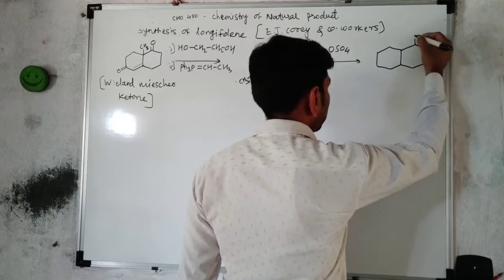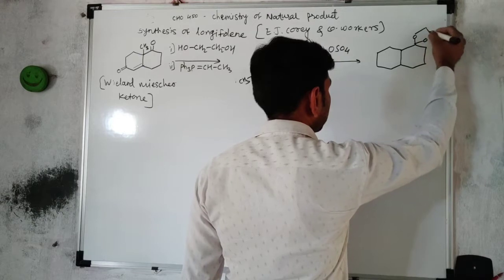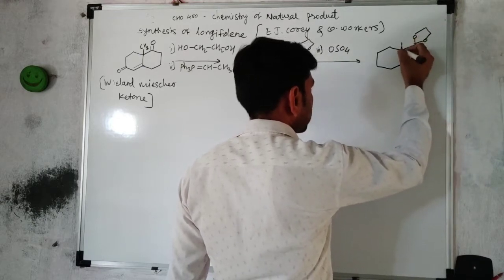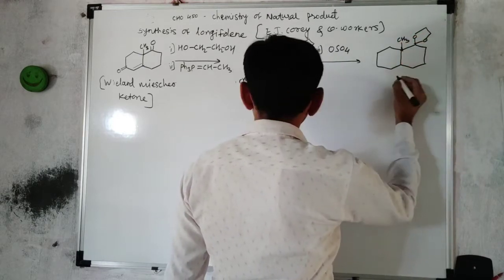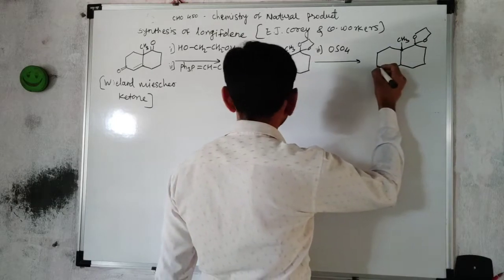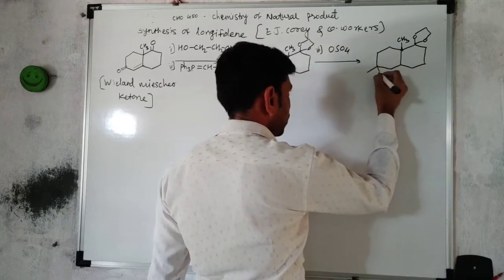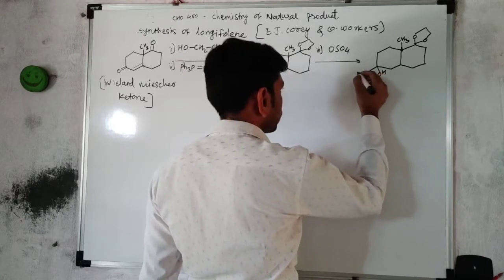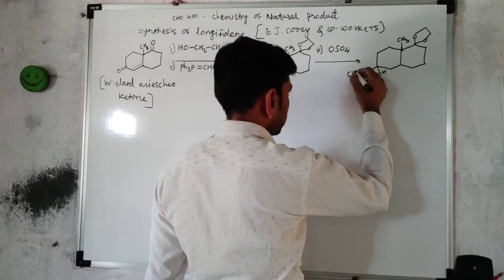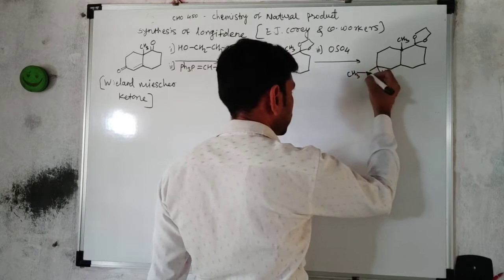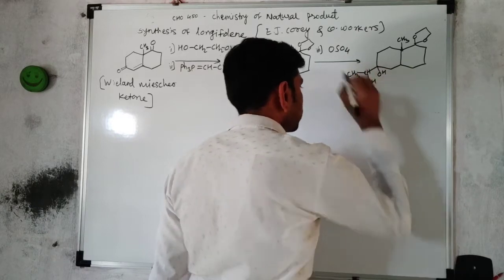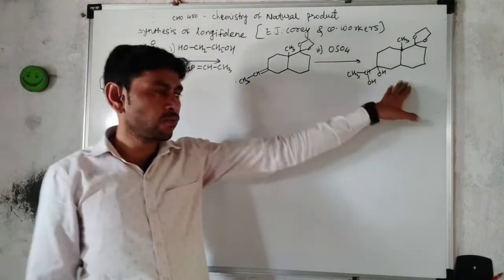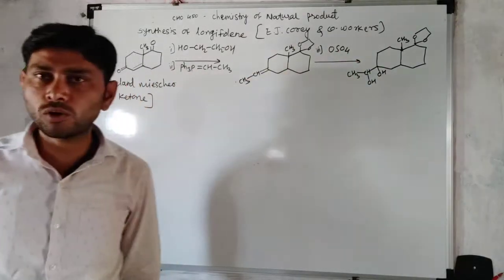So this protected group is here, CH3 group as it is, and here OH, CH2OH. Let's see for understanding, I am writing here CH2. Now here is a diol formation by using osmium tetroxide.